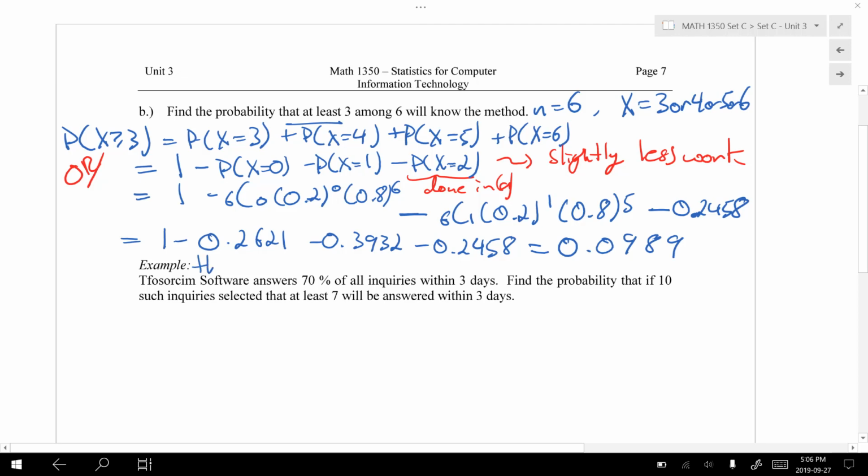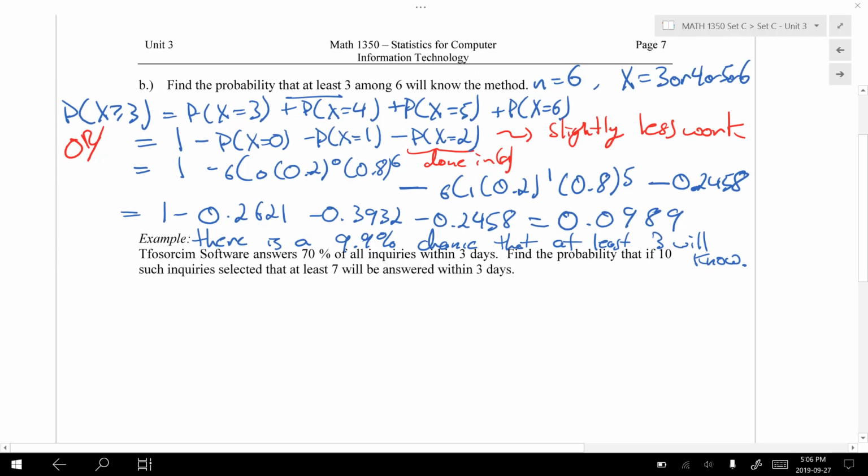So at the end of the day, there is about a 9.9% chance that at least 3 will know. So not that much. It's a bit unlikely. Okay, so we'll stop there. We'll pick up here in class.